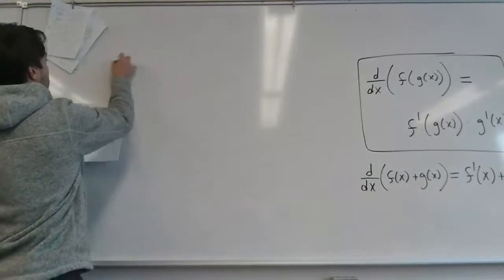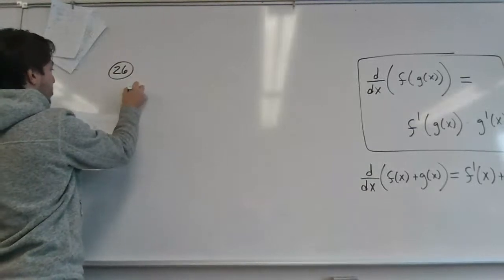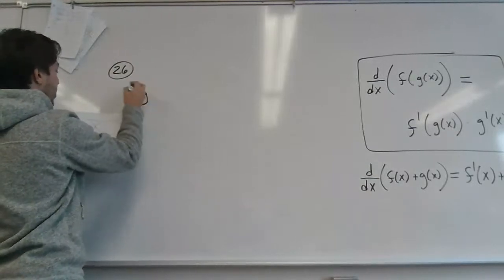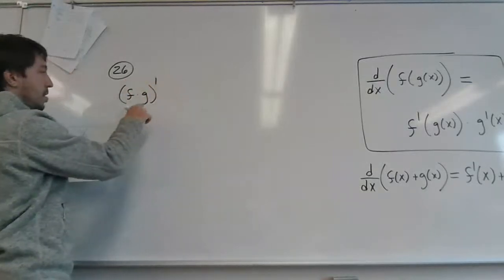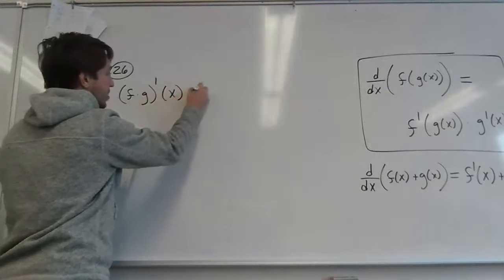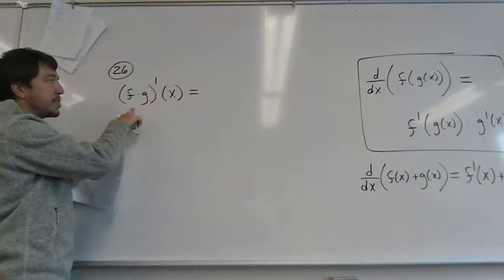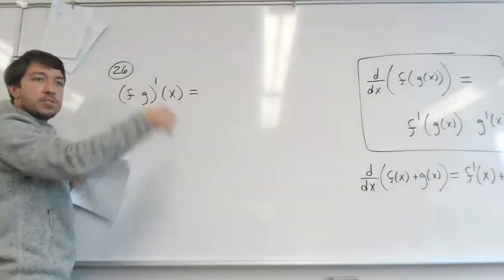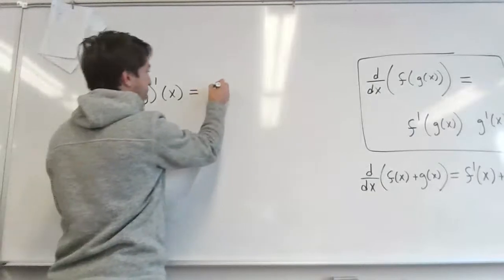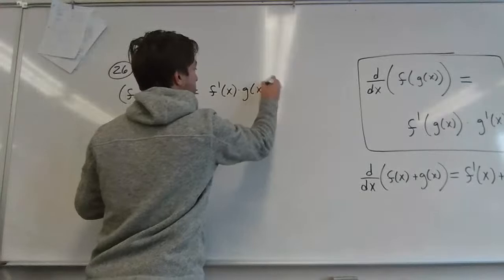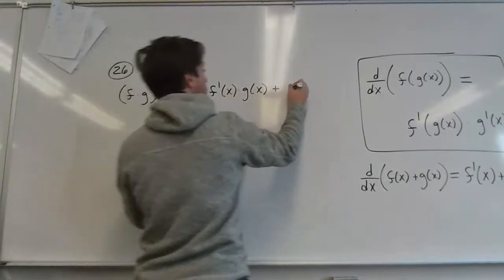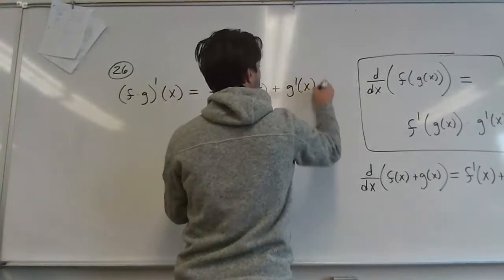Okay, so 26. This is another fun notation thing. F times G prime of, say, x. That's the same as saying, what's the derivative of F times G? So you would go, it's F prime of x times G of x plus F of x times G prime of x.